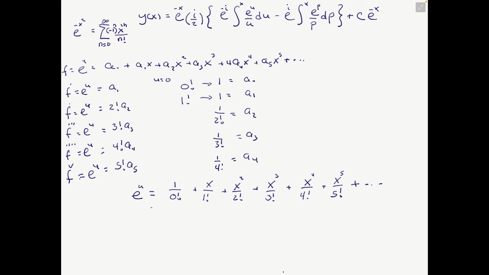And then you can put that into a more compact form, which states e to the x equals the sum of n equals 0 to infinity of x to the n on n factorial. And that's the exponential function. And so we can substitute that into the integrand.